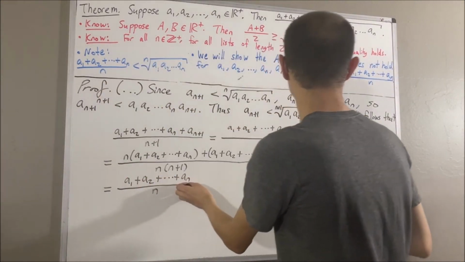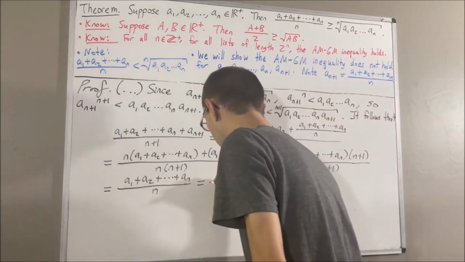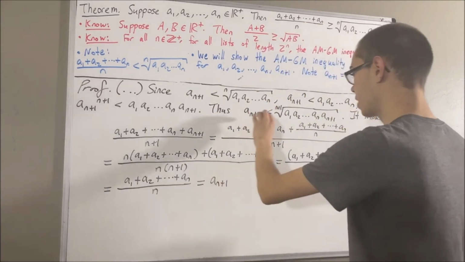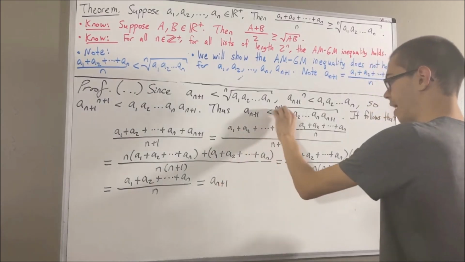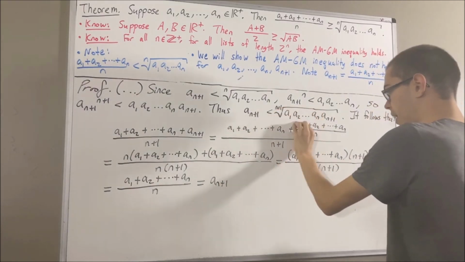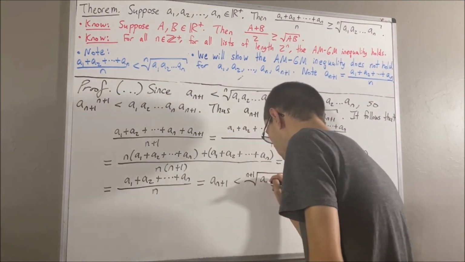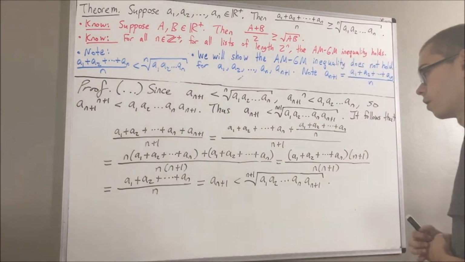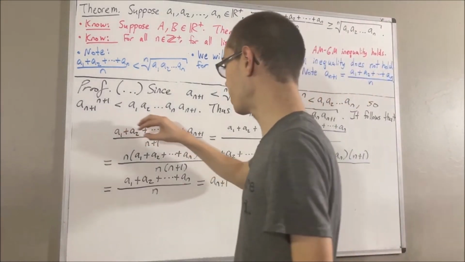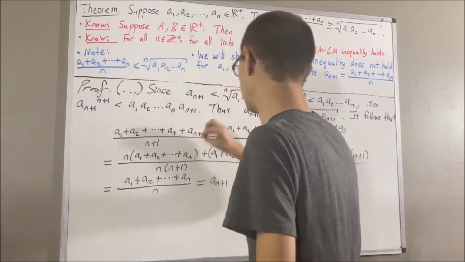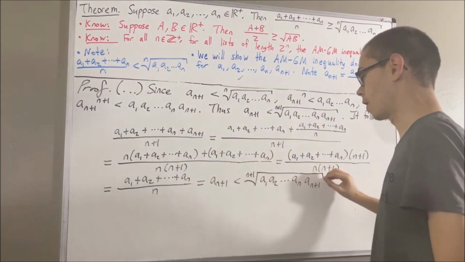And this is equal to an plus 1. And as we mentioned before, an plus 1 is less than the n plus 1th root of a1 times a2 times ... times an plus 1. And so, we see that the arithmetic mean of our list is less than the geometric mean of the list.